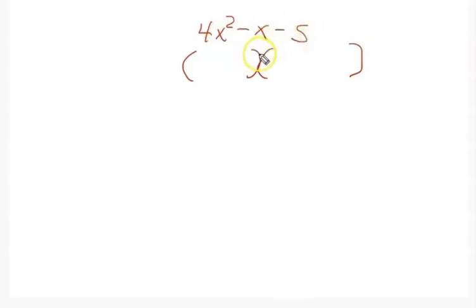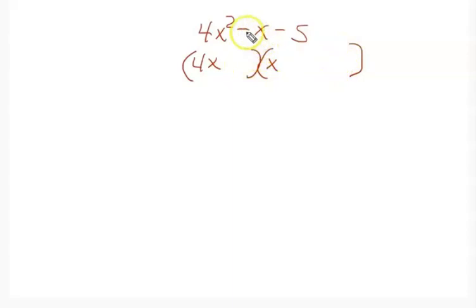So thinking about it, you might say, what would I try first? Well, because my B is so low, I'm going to try a 4x and an x. Now remember, if that didn't work, you'd go a 2x and a 2x. But 5 is prime. So 5 is either going to go here or there.